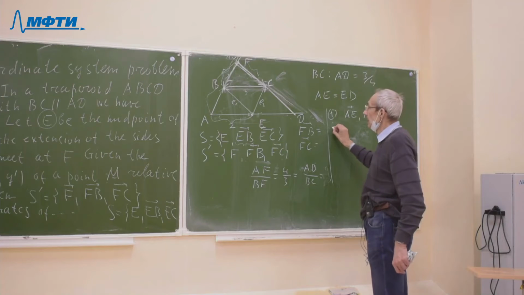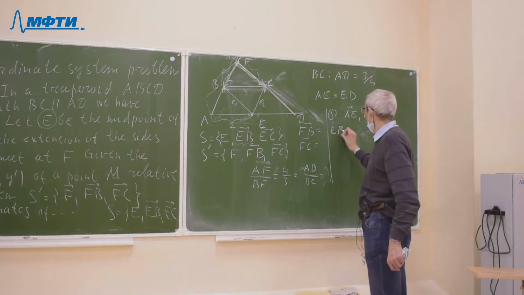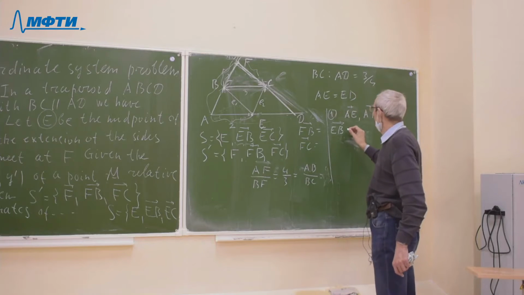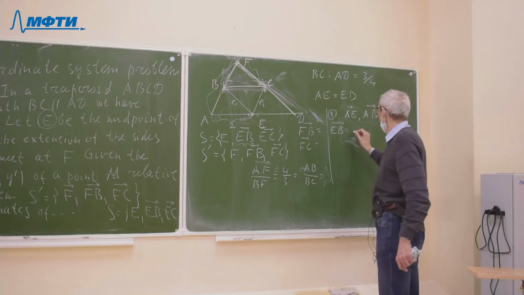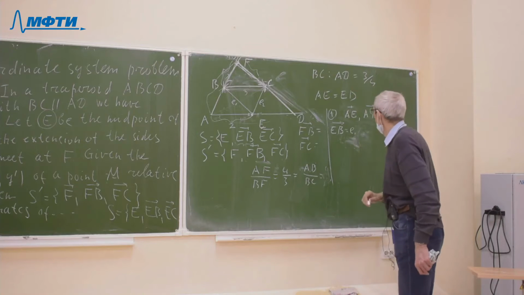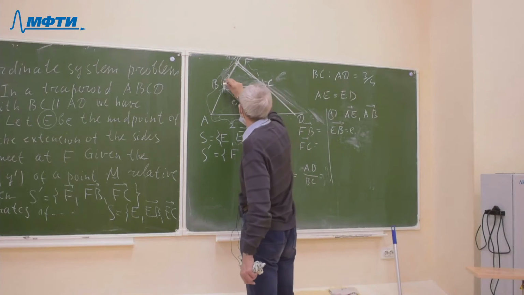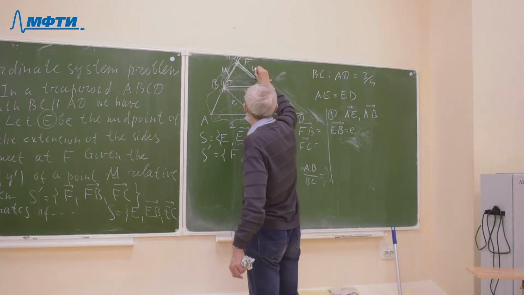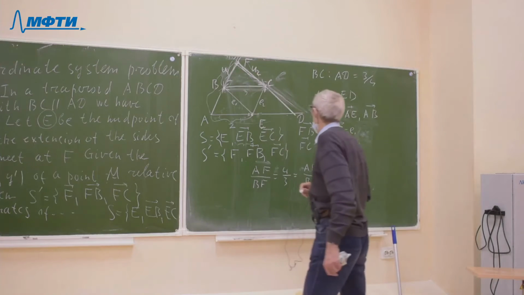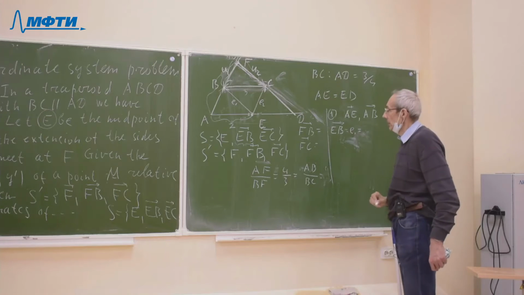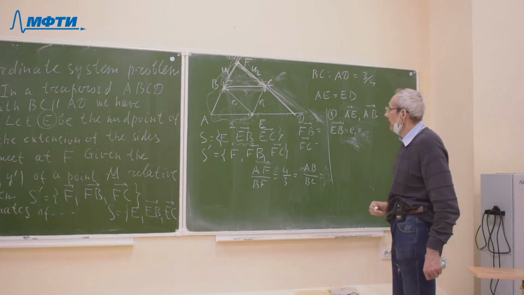Let's start. EB. Let's call them E1, E2, U1, U2. And let E1 be equal to EB.